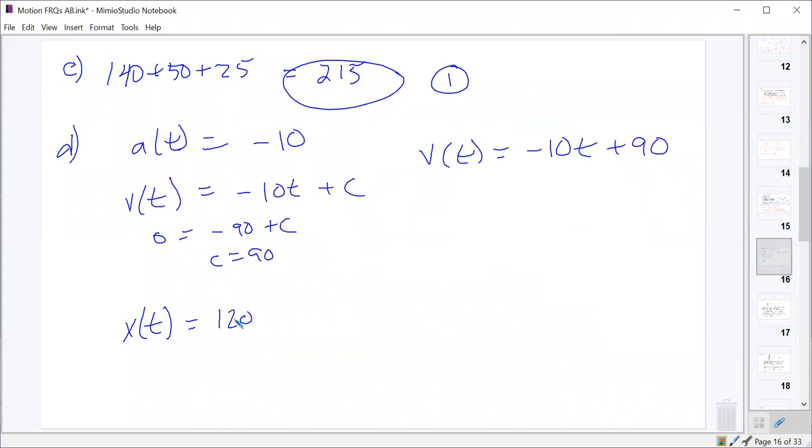So our initial position plus our integral of this, which ought to be negative 5t squared plus 90t, and plus some constant. We'll call it constant 1. And then we just plug in our value and find the constant. We're over. So plug in the value, find the constant. You can find the exact, whatever that constant comes out to be online if you want.